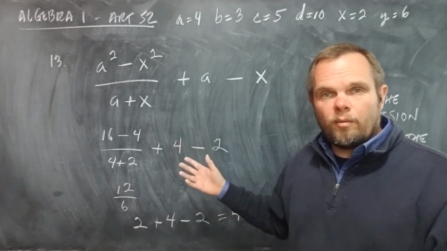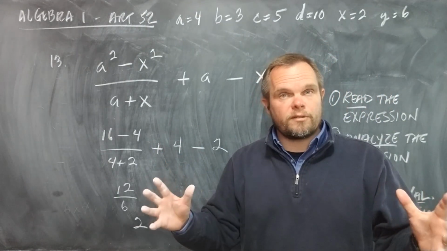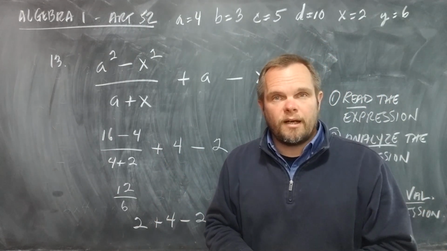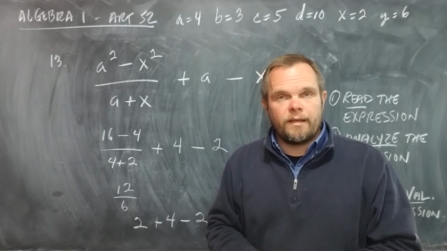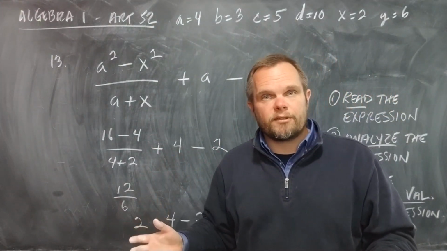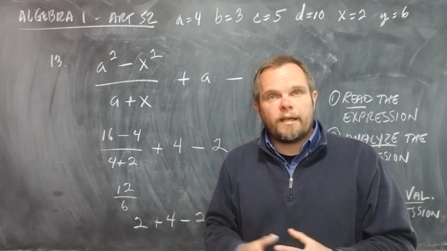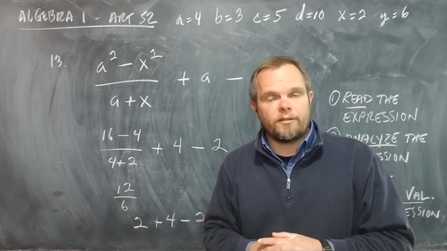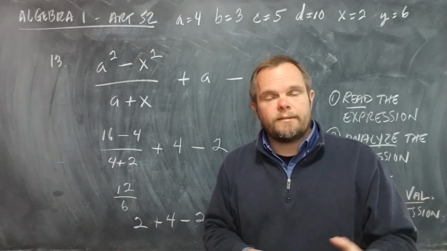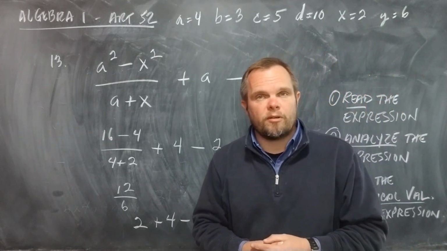I hope that's a helpful walkthrough for the first set of exercises under Article number 52. If you run into any trouble with any of these exercises and you watch the video but still can't figure it out, there's something that you're not understanding, contact me on the forums or by email and I'll try to help you figure out what's causing you trouble.